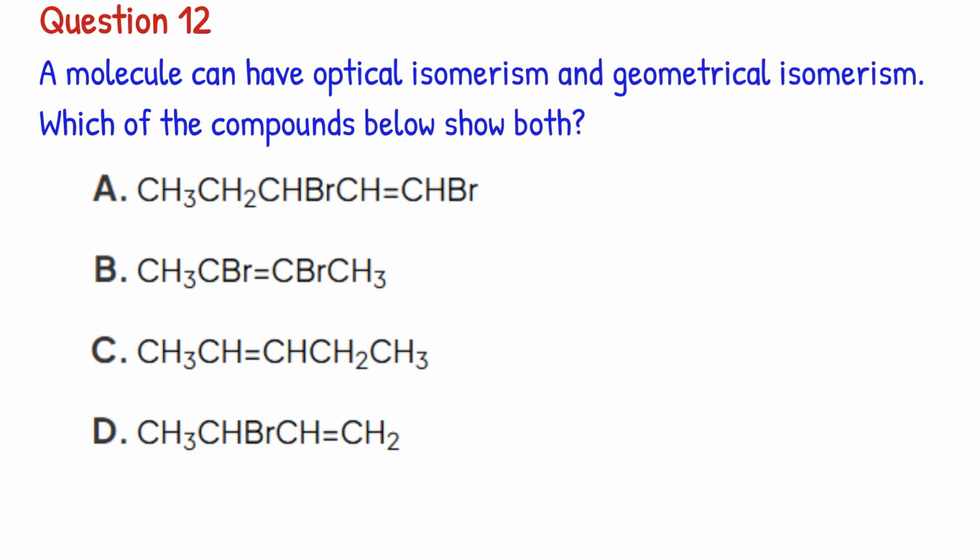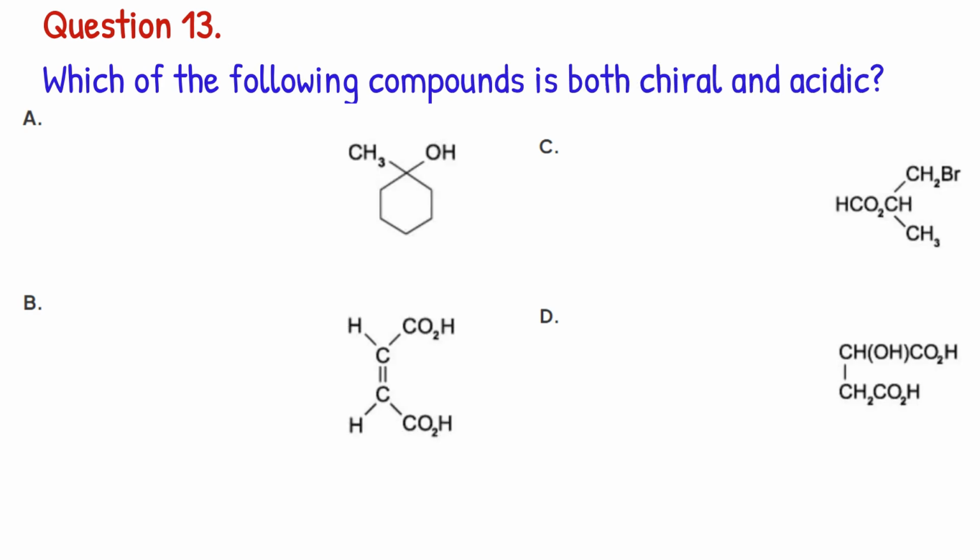Question 12. A molecule can have optical isomerism and geometrical isomerism. Which of the compounds below show both? The correct answer is A. Question 13.